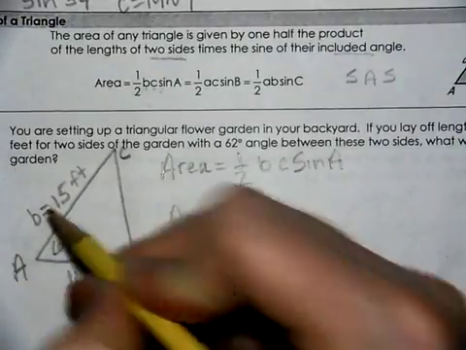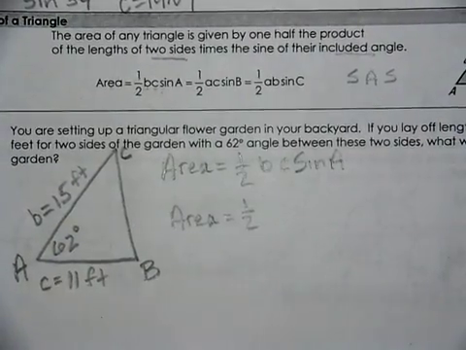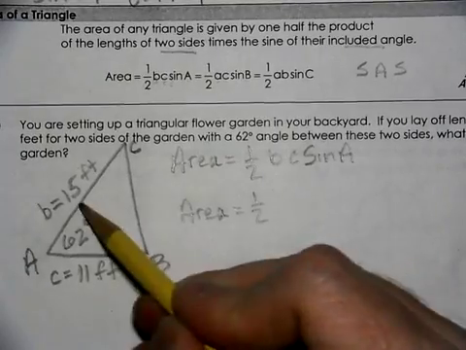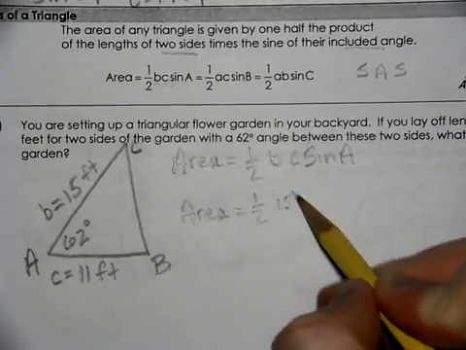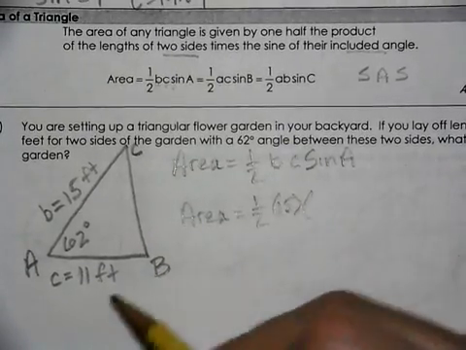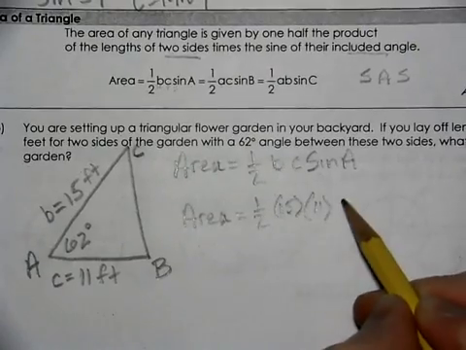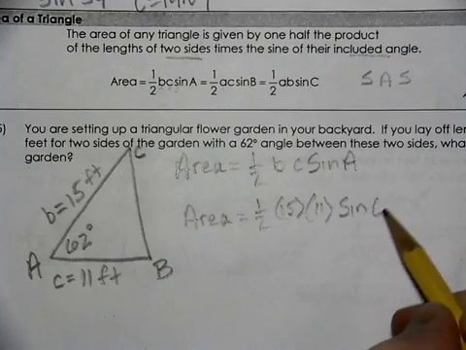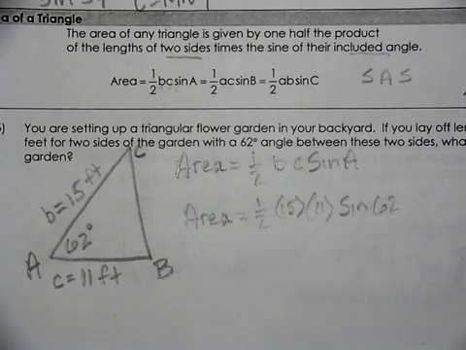So side B and side C. It wouldn't change the answer if you switched B and C around. Side B is 15. Side C is 11. And the angle A is 62.